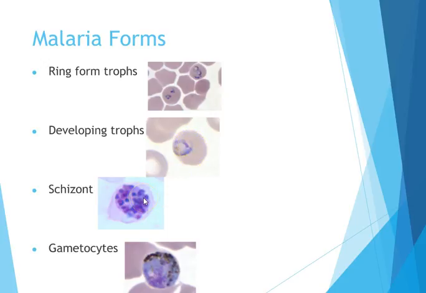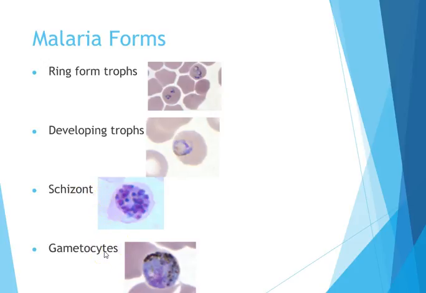When it gets mature, it will be filled with these small chromatin masses, and they're called merozoites. And one of the ways that we identify which organism it is is by how many of these merozoites are in the parasite. And then they turn into gametocytes.